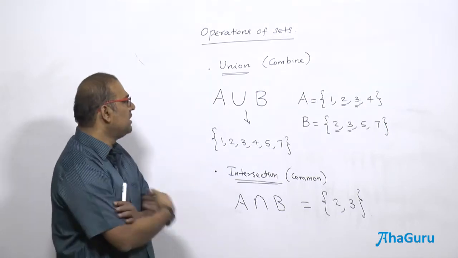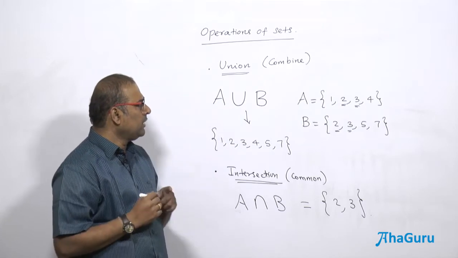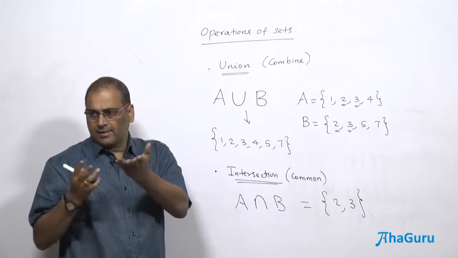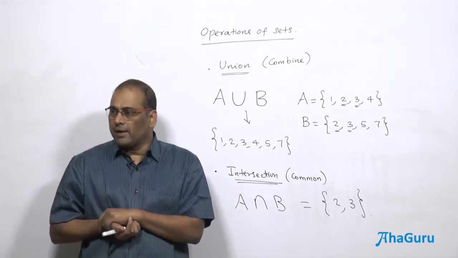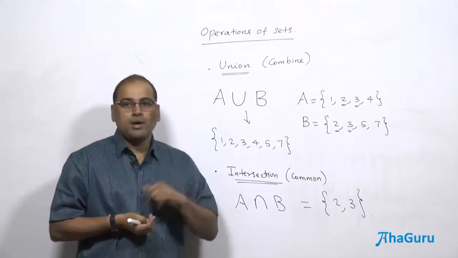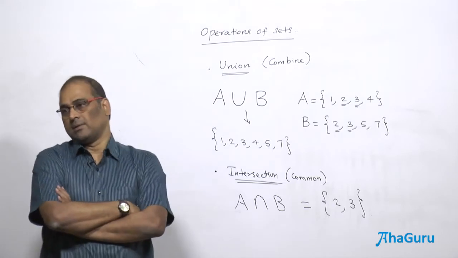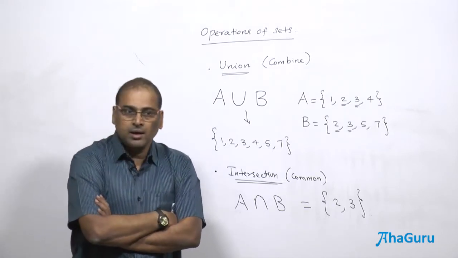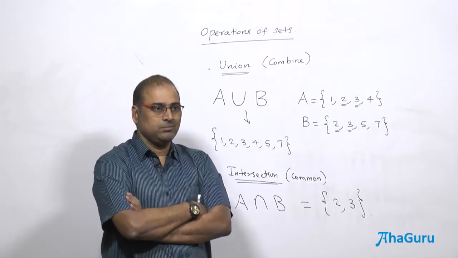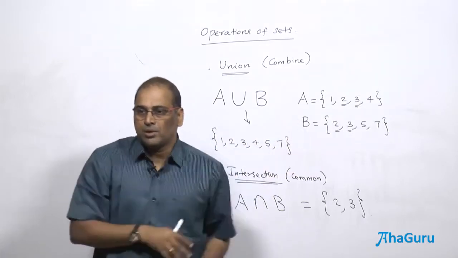Like I said, suppose A is a set of people who like chess and B is a set of people who like tennis. How do you call A union B in words? Set of people who like chess or tennis. When you say or, then both also come under that.